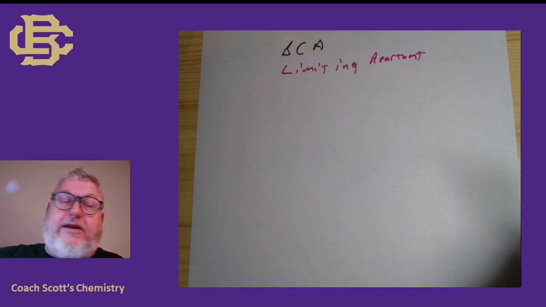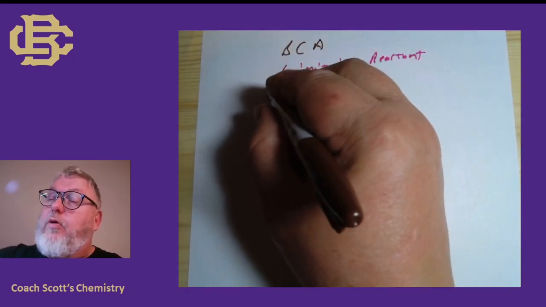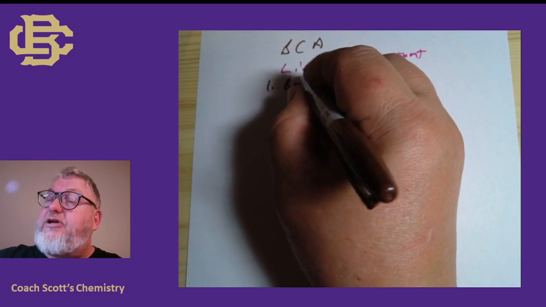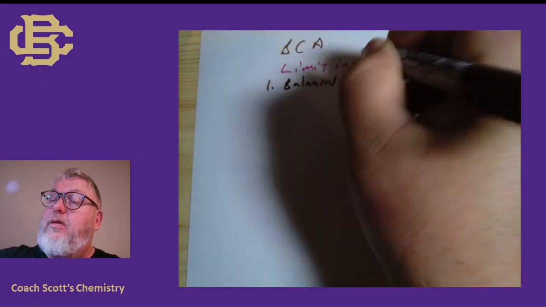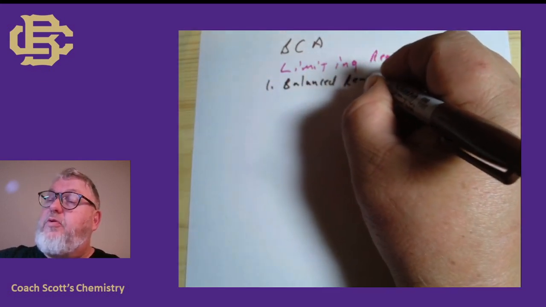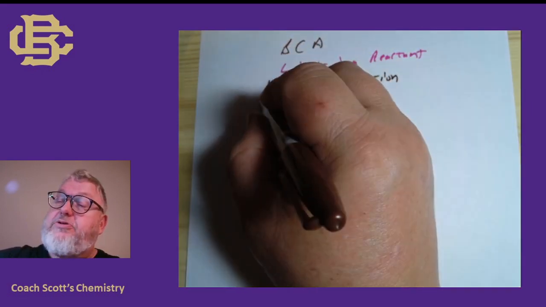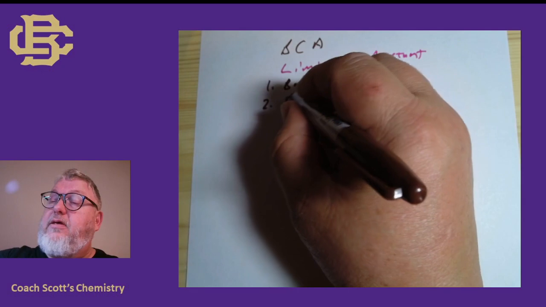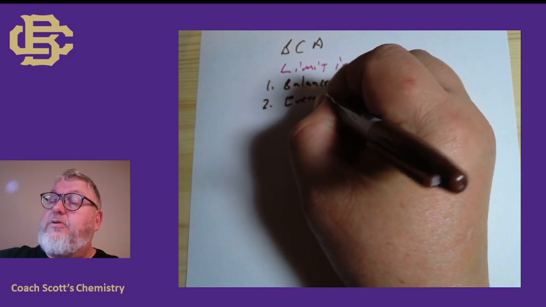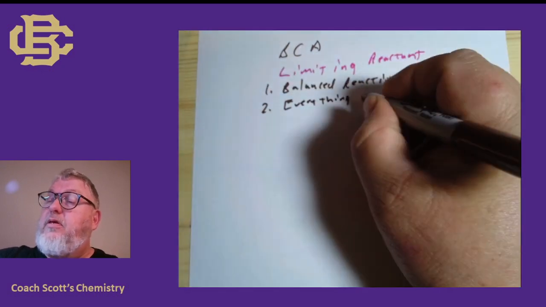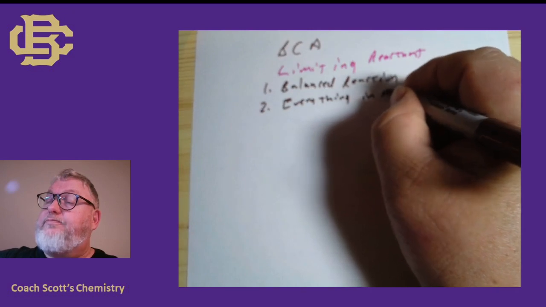Like any time with BCA tables, one, we have to have a balanced reaction. Most of ours will be balanced, but you have to be prepared. And then, of course, everything has to be in moles on a BCA table.